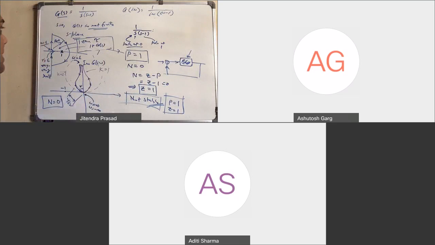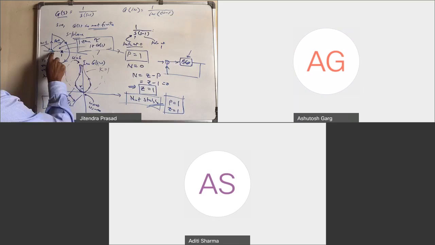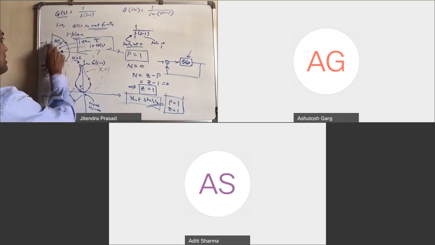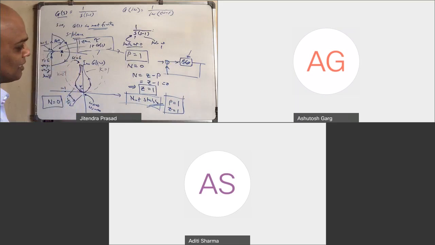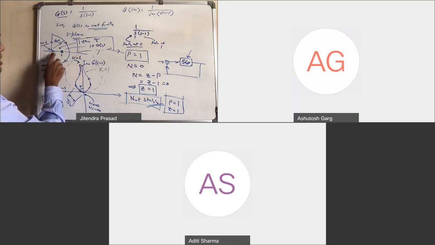So see here. In this case, this is a special case in which there is a pole on this line itself. Then what we did, we bypassed it and we have seen like that. So we know that actually there are two poles basically. One is here and one is here, right?